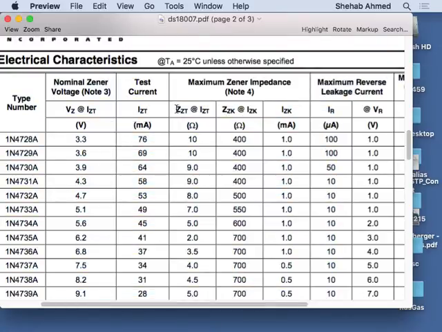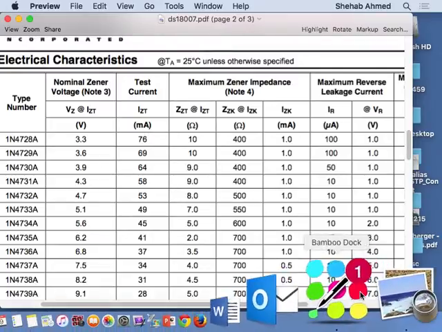They give us a ZZT, meaning the slope at the test current. And then they give us something that is also a slope, a much higher impedance, and that will be the slope at the knee. And this is the current at the knee, and then the test current is much higher, right?